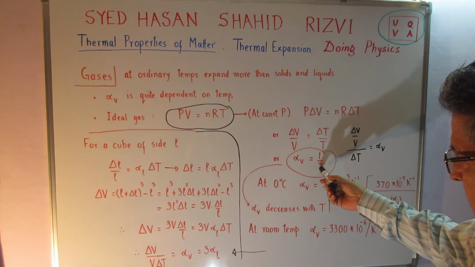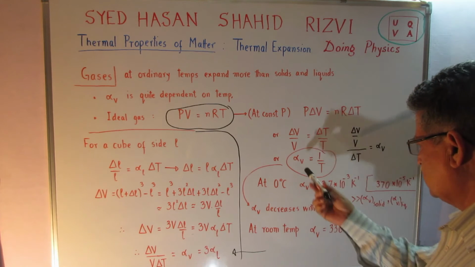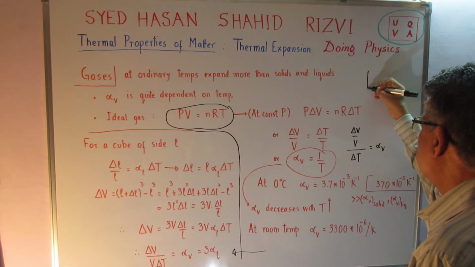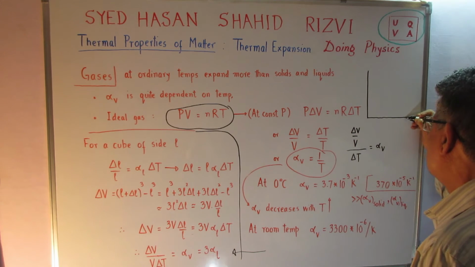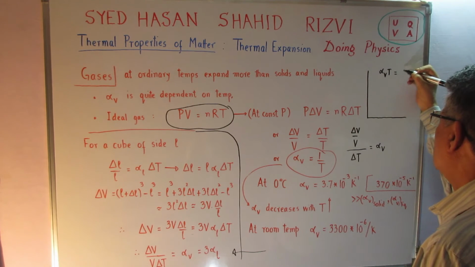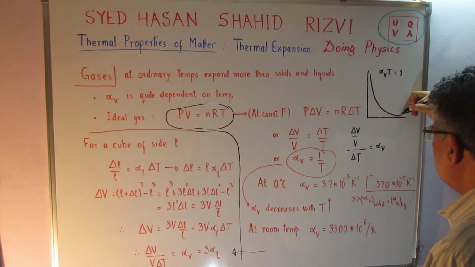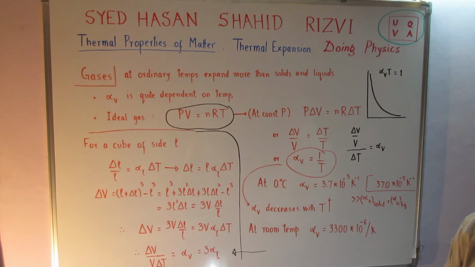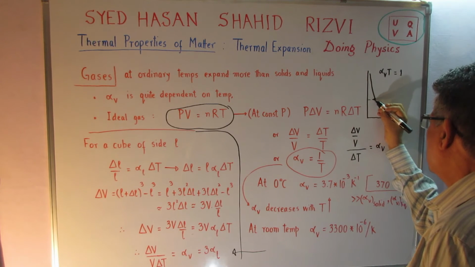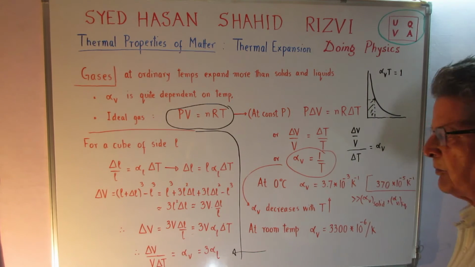So the more the value of capital T, the less the value of alpha V. So there is a temperature dependence, and because alpha V into T is equal to 1, we again get a Y proportional to 1 upon X kind of graph, where every point taken and the area evaluated will be the same for every other point.